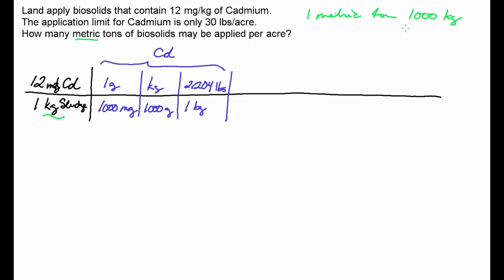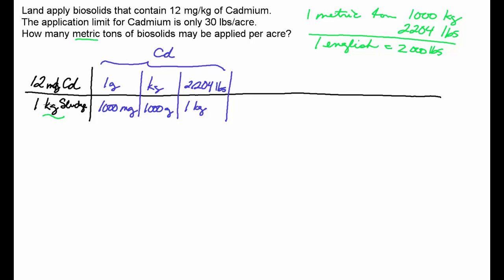And if you convert that to pounds, it's 2,204 pounds, which is different from what's called an English ton or a short ton. An English ton or a short ton is 2,000 pounds, which always makes biosolids reporting a little complicated.